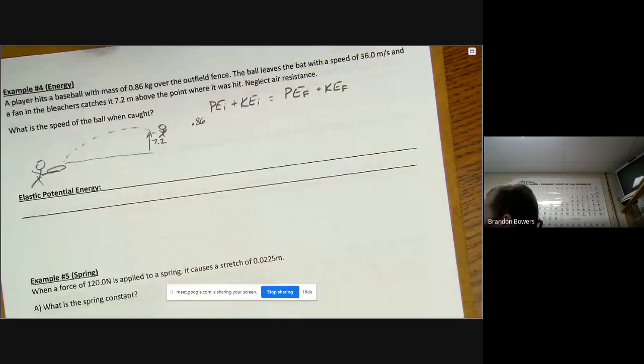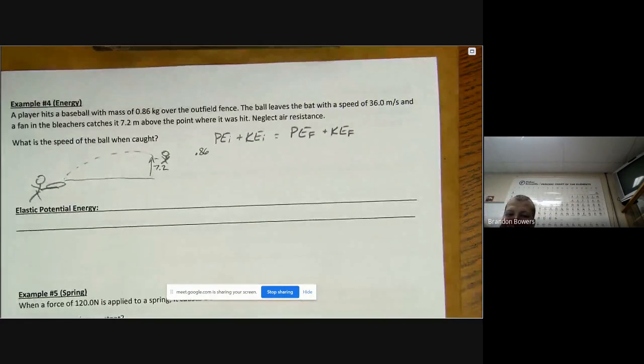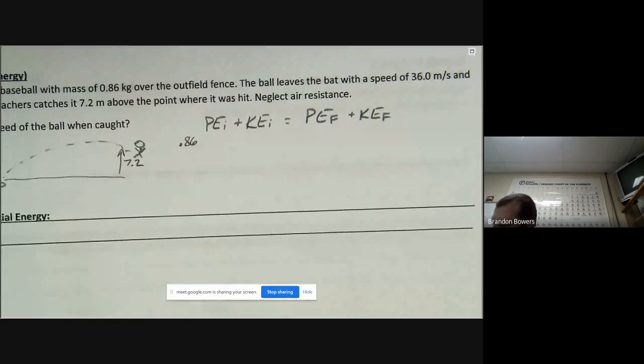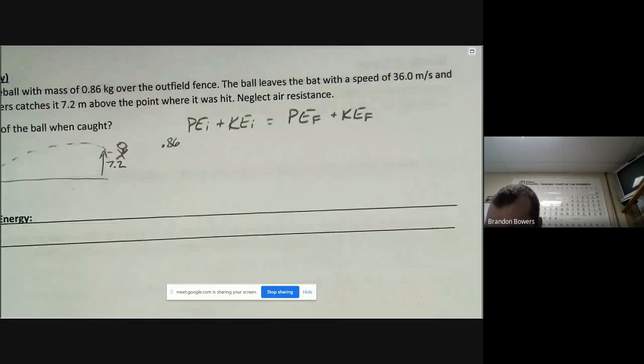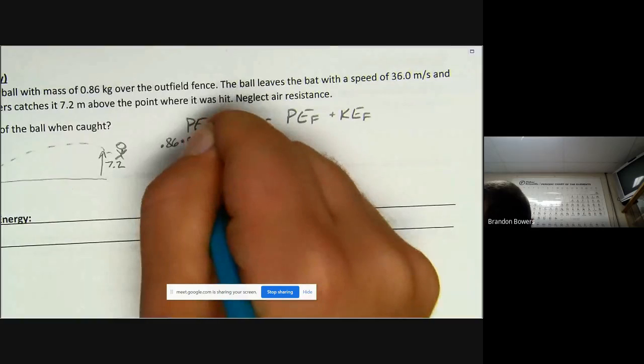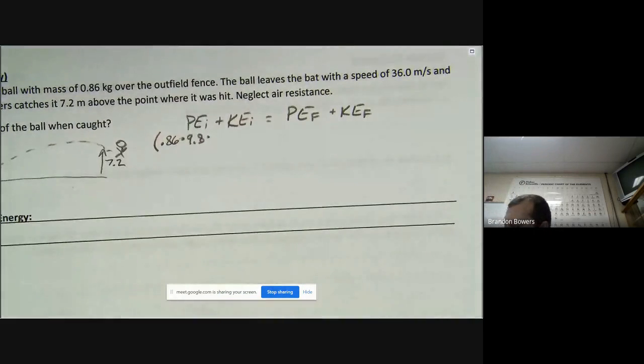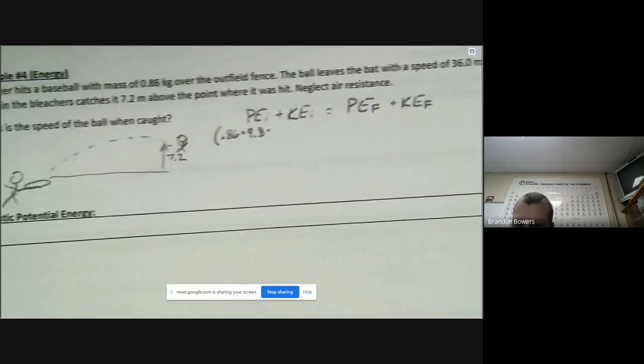0.86. You guys see that all right? Am I writing big enough? That's fine. 0.86. I just got to write small to make this fit. Times gravity, 9.8, times my height.